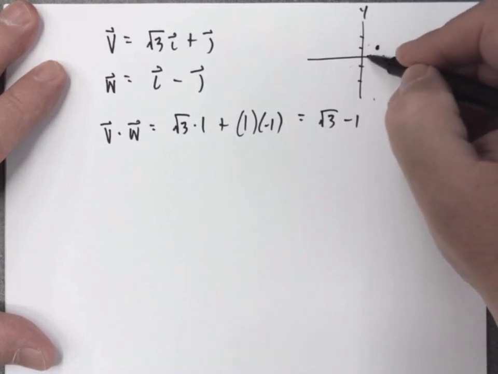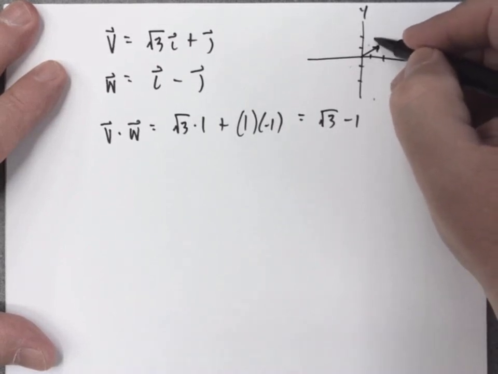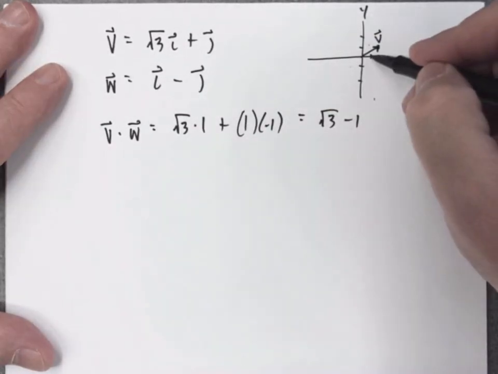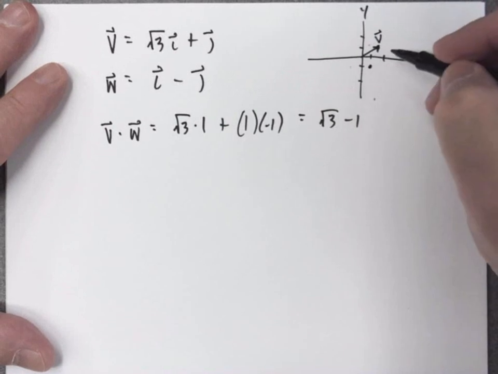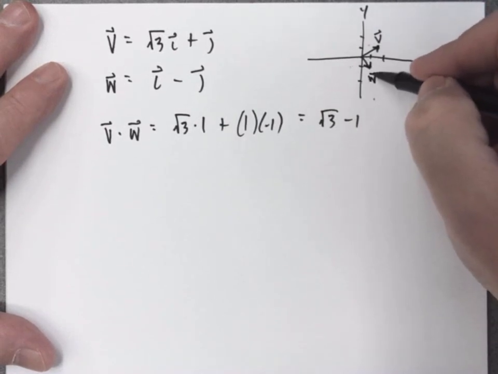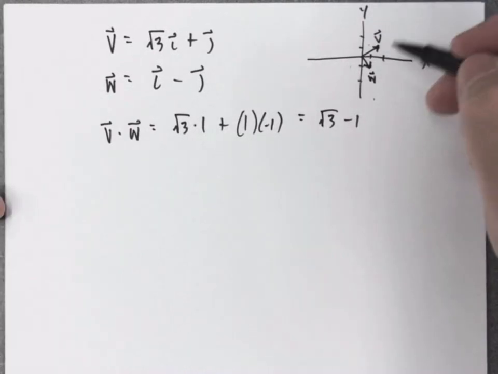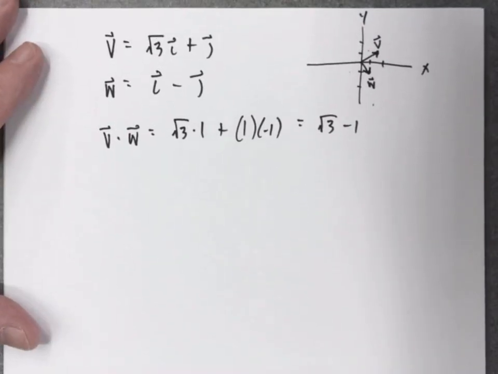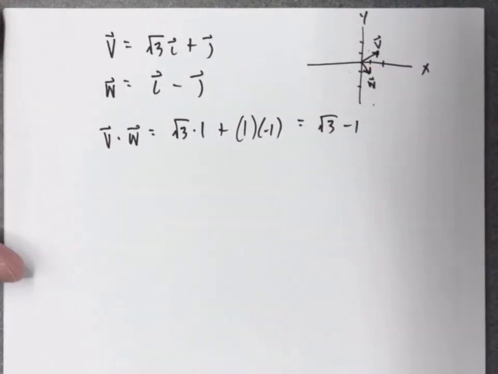So maybe this is vector v. w is 1, minus 1. So there's vector w. Now, who knows? Could be like a 90-degree angle. Don't know. Have to do the math.